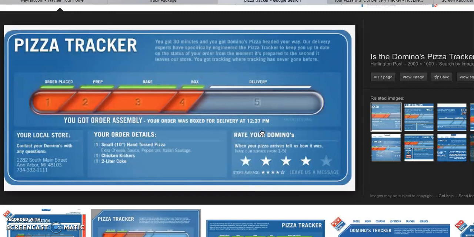What we found was that we were able to use some of this design. You have your bar on top, you have your supporting information down below, and to a degree, we were able to capitalize on using some of that design for ours.